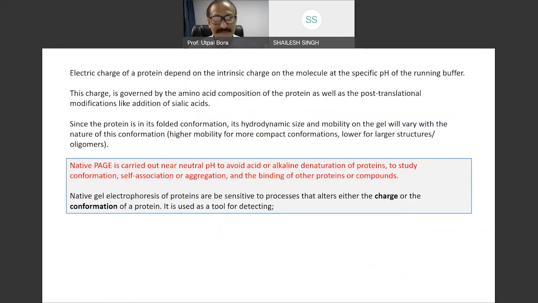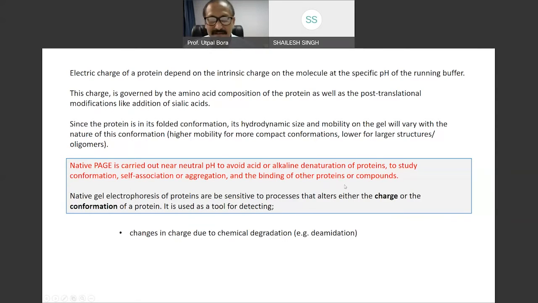Okay. Now there are other things like the intrinsic charge of a protein, and how these residual charges help in its mobility. Let us not take all the trouble of remembering so many things at the same time. But let me focus on the native PAGE gel. So this native PAGE gel is carried out near neutral pH to avoid acid or alkaline denaturation of proteins, to study conformation, self-association or aggregation, and binding of other proteins or compounds.